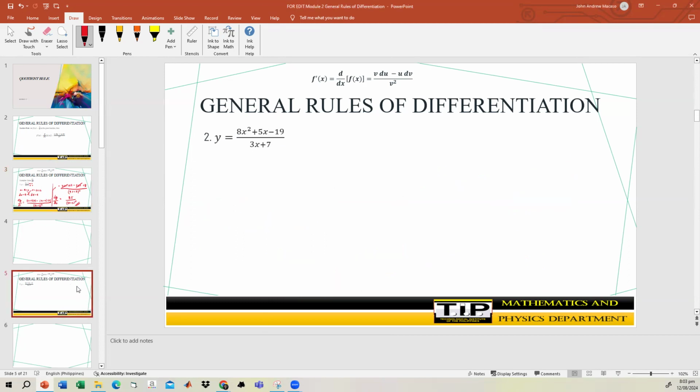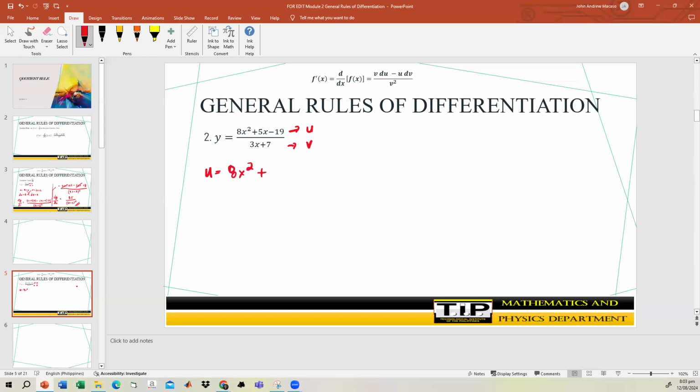Next, what if we have this given wherein y is equal to 8x squared plus 5x minus 19 over 3x plus 7. Same goes with the first problem, we'll apply again the quotient rule in finding the derivative of this. So we need to let our numerator be u, then our denominator will be v.